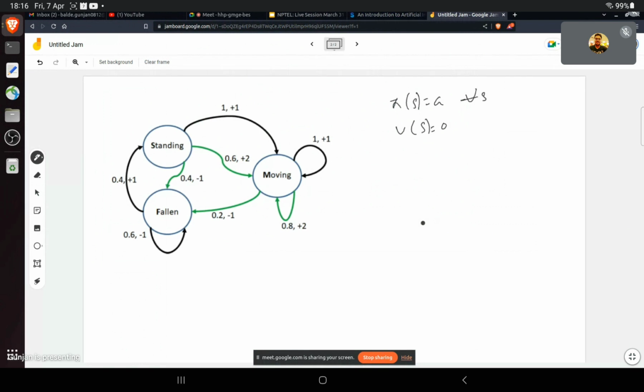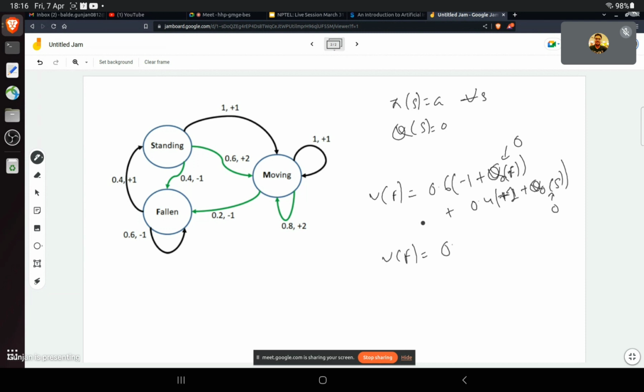So for V of fallen, which I'm denoting as V of f, it will be 0.6 times minus 1 plus V0 of f, plus 0.4 times minus 1 plus 1 plus V0 of s, right? So this value is 0 because you initialized it as 0. This value is also 0. Actually, it should be Q0, and here technically also it should be Q, but it's fine.